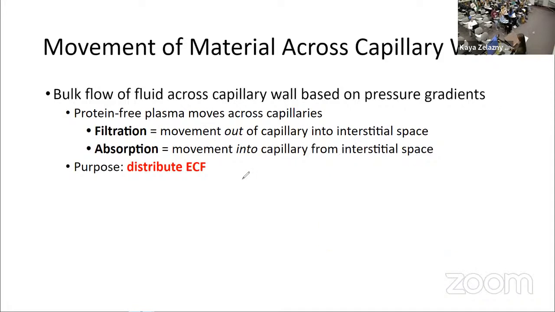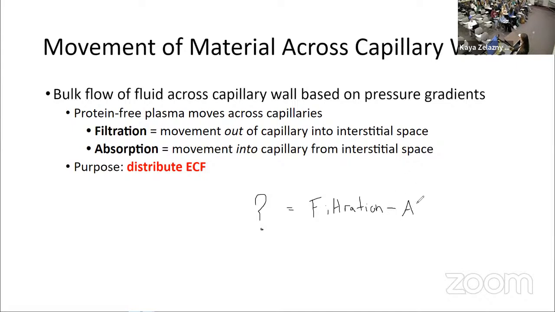So we will eventually have an equation, but I'm just going to let you know ahead of time that what we're ultimately solving for, our net filtration pressure, is just going to be: how much force do we have for filtration? So how much force is there for moving towards that interstitial space versus how much force is there for that fluid to come back into the capillary?